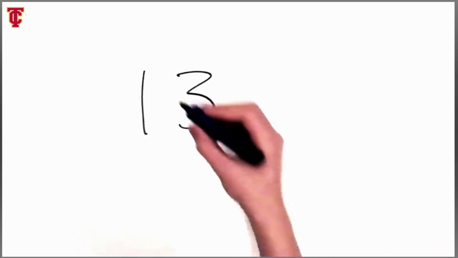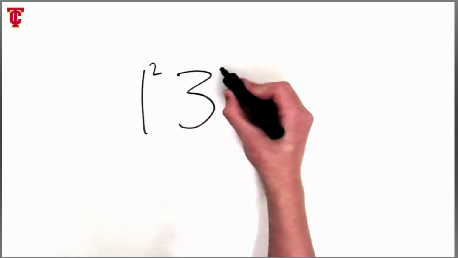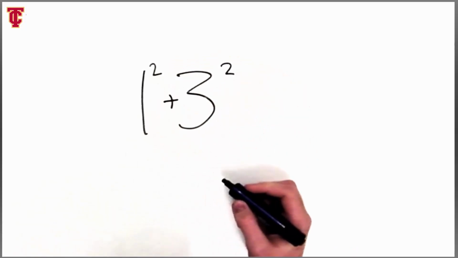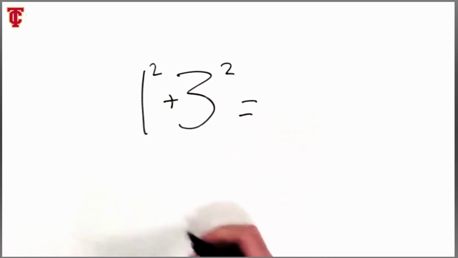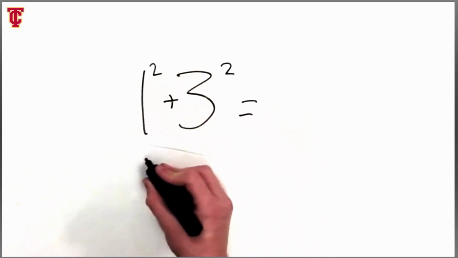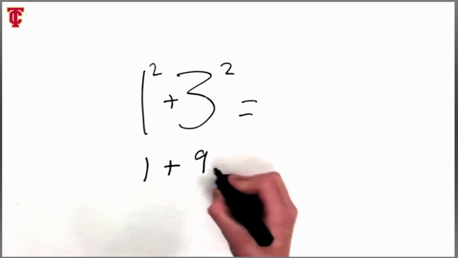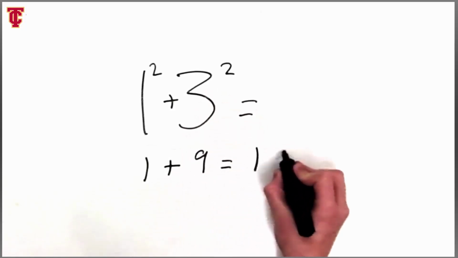To determine if this number is happy, let's put 1 squared and 3 squared and add them together. 1 squared equals 1, and 3 squared equals 9, right? So 1 plus 9 equals 10.